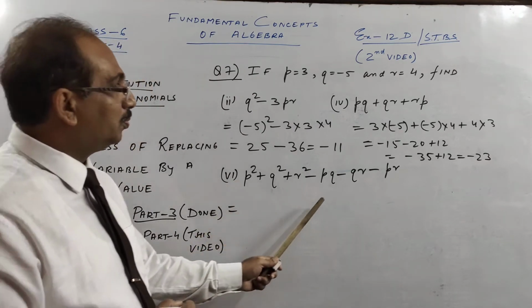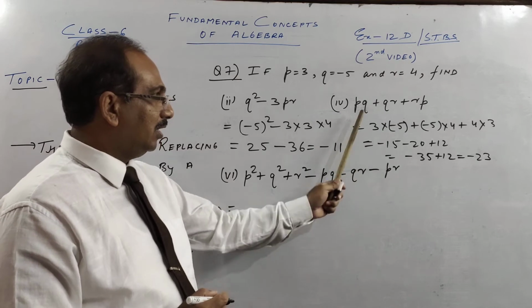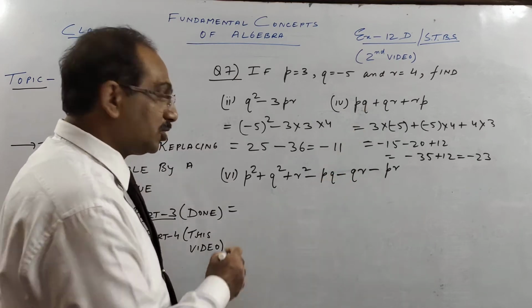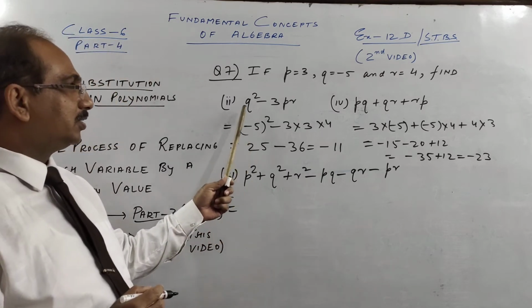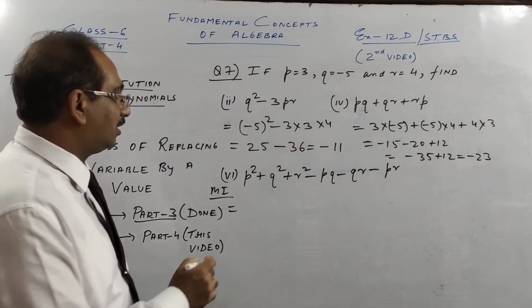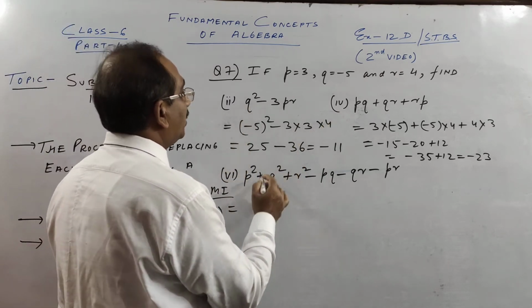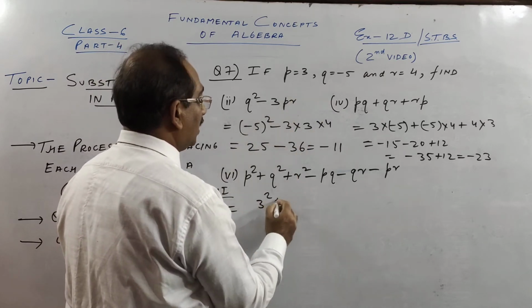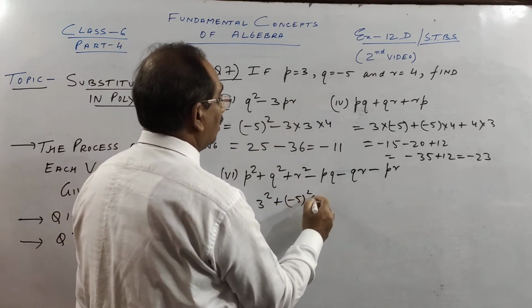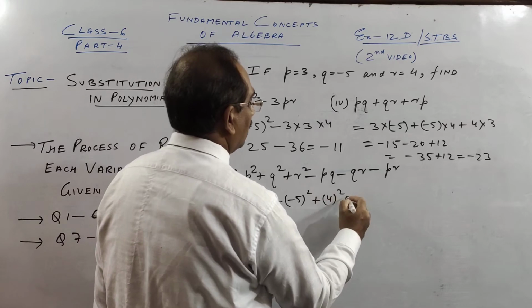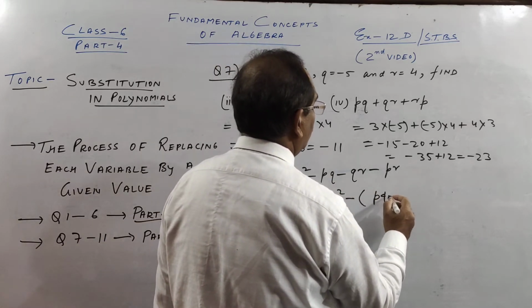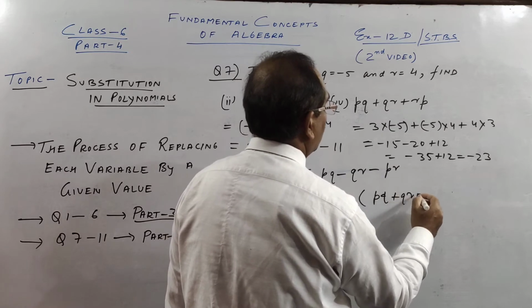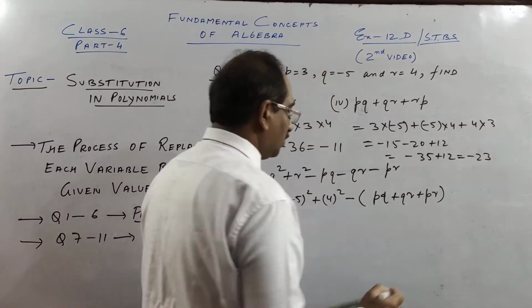Now see this. I can show you this in two methods, because we have already found this value, so we can apply it here. Method 1, children, has a very interesting relationship between part 4 and part 6. p square plus q square plus r square, this minus, I take common, pq plus qr plus pr. It is a very shortcut method.